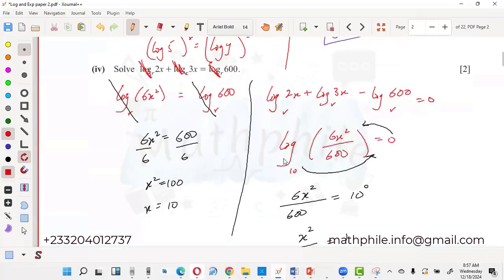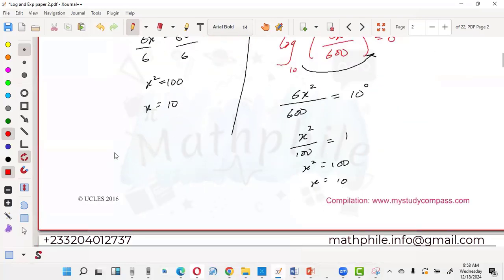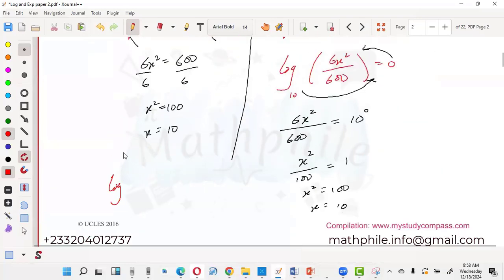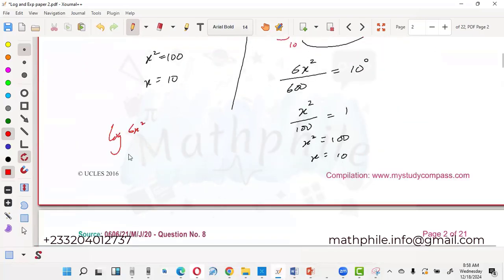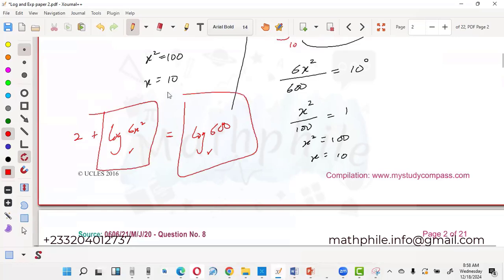That is, only if you remember that you can only cancel out if there is only one log at the left hand side and only one log at the right hand side. In cases like, let's say, log 6x squared equals 2 plus log 600 base r, you can't cancel because it's not only one log on the left hand side and one log at the right hand side.